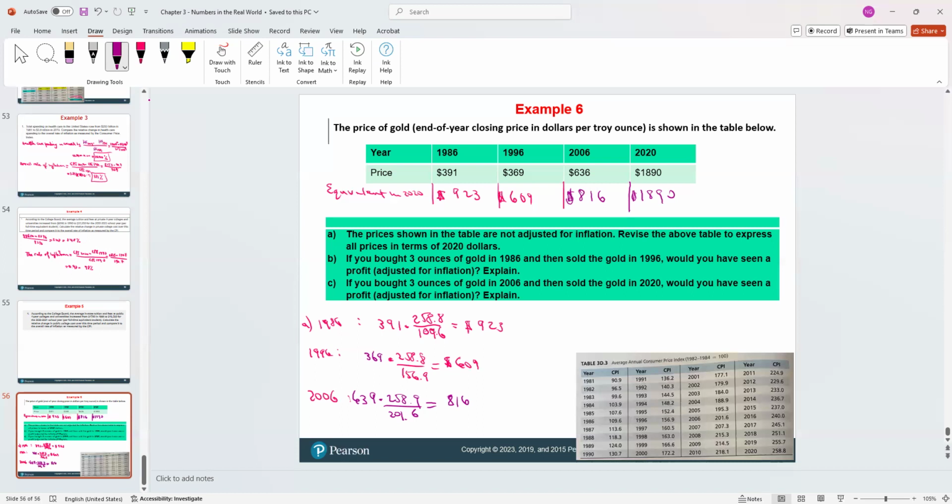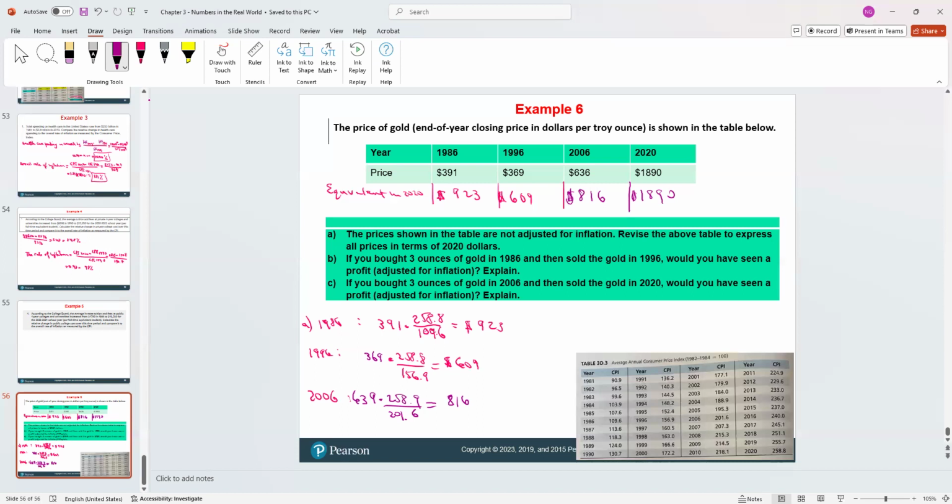Look at that. It's a loss for you because the adjustment for 1986 is $923, and now it's dropped to $609. So when adjusted for inflation, $609 per ounce is a loss compared to 923. So you don't make a profit. Have you seen a profit? No.